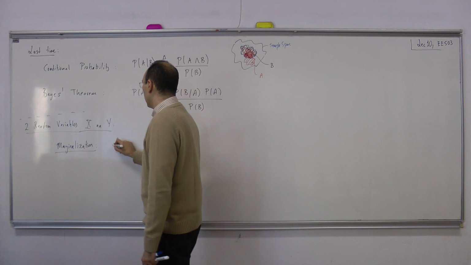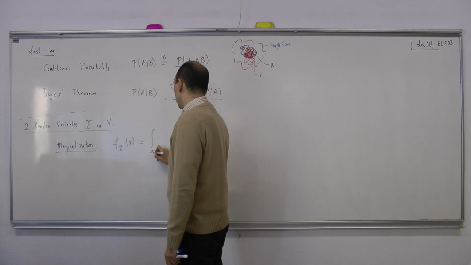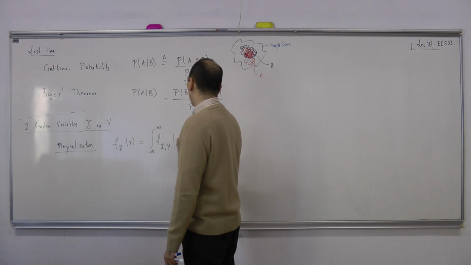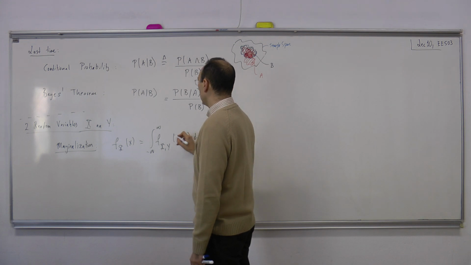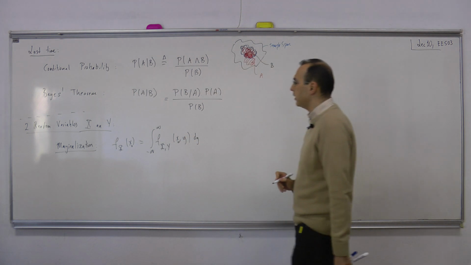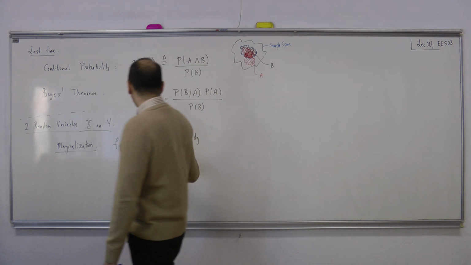It is the following: F_X of x naught is equal to the joint density of x and y. Let me put x naught for a specific number. This is called the marginalization.